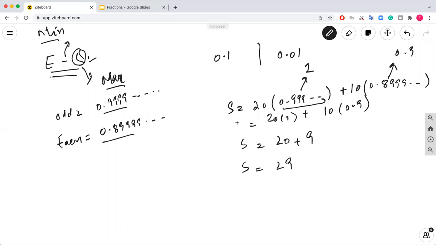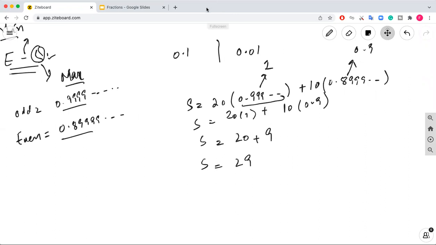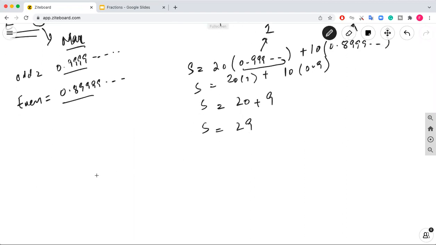So the actual sum in this case is 29. Now for the estimated sum, we have 0.999, and for odd we round down, so this will be 20.